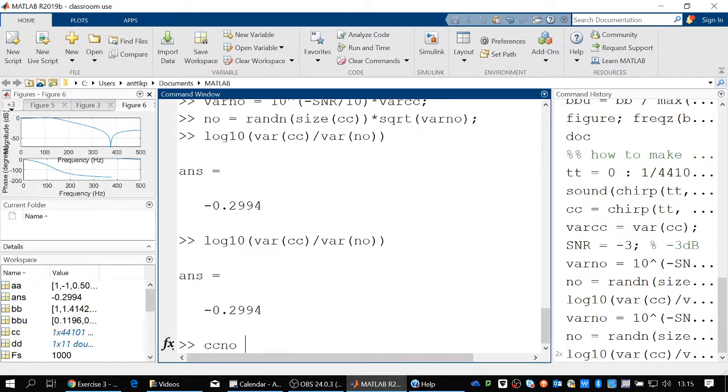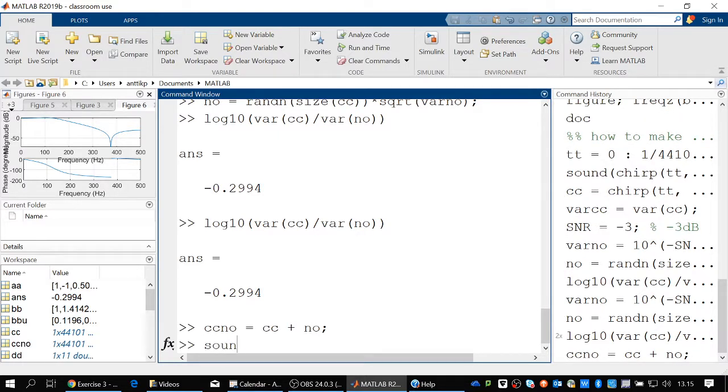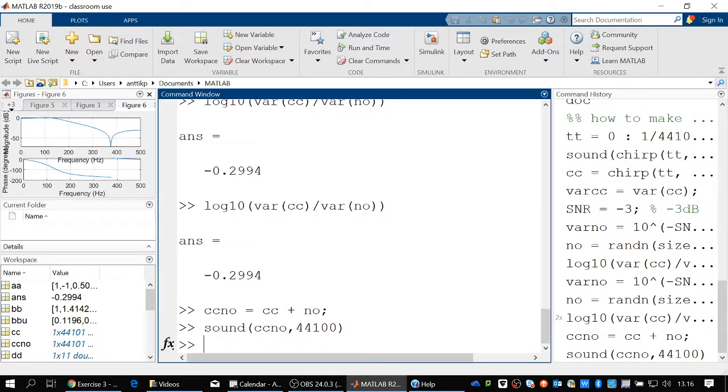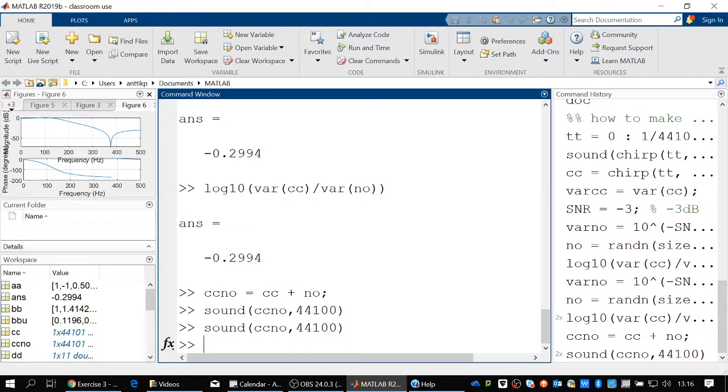So my noisy CC is CC plus noise, sound CC, and FS. Yeah, some noise. Good. So this is just my sample. Try to do better work on adding the right amount of noise. This is not correct.